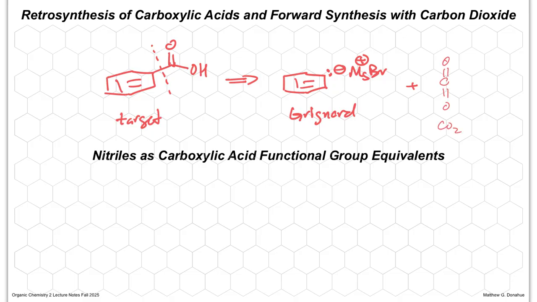So for the benzoic acid, we could make that by having the phenyl magnesium bromide Grignard attacking CO2. The reason that works is because that carbon is delta plus and the oxygens are delta minus.